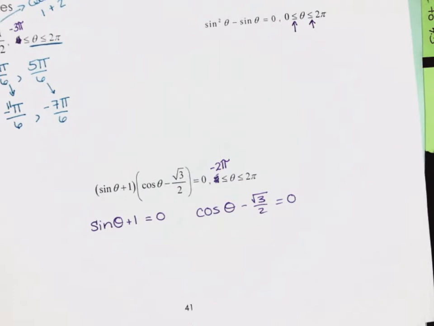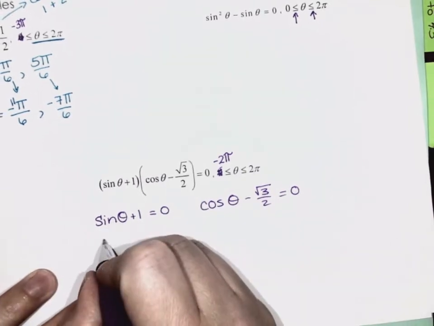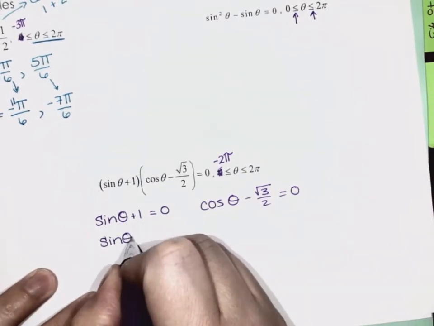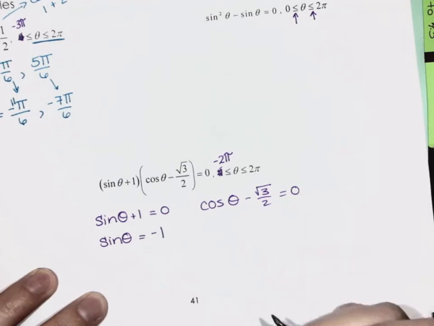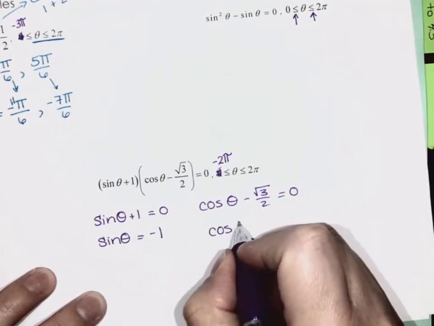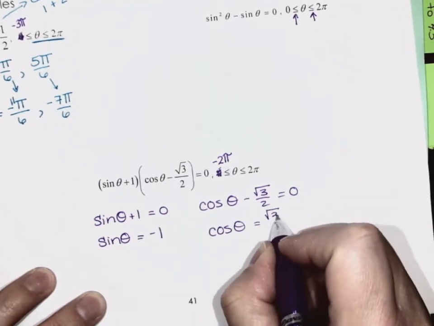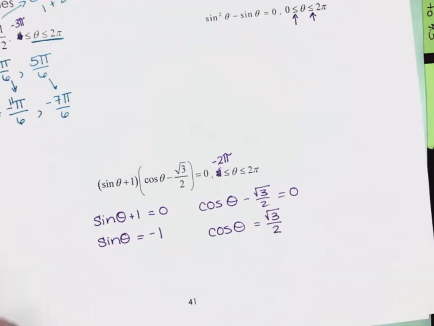You're a step ahead of me, Basil. You did the moving already. But I'm just going to write this down. So we're going to have sine theta equals a negative 1, and cos theta equals a positive root 3 over 2.